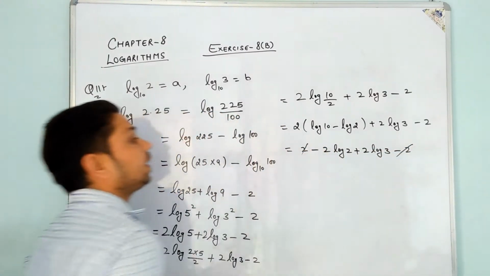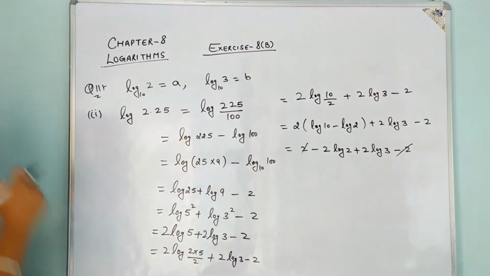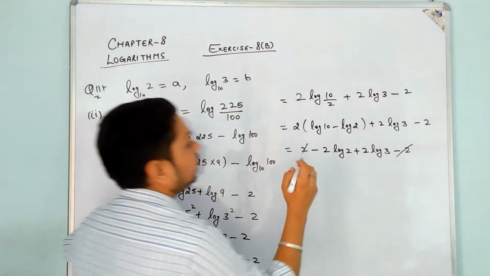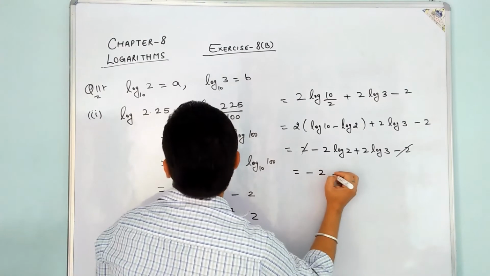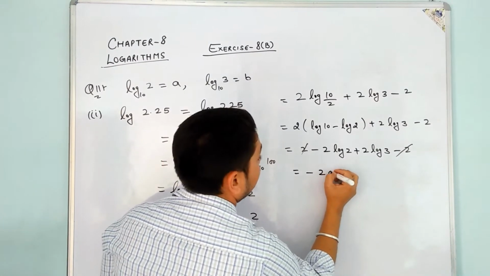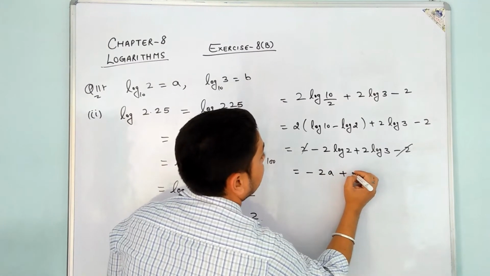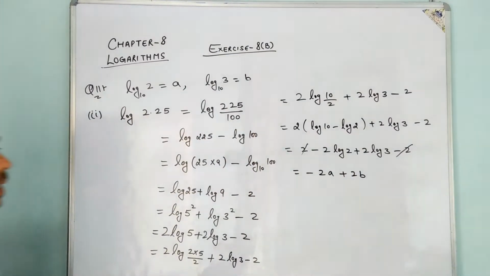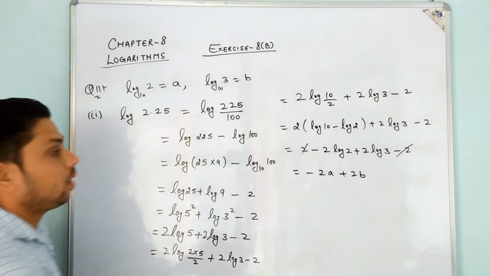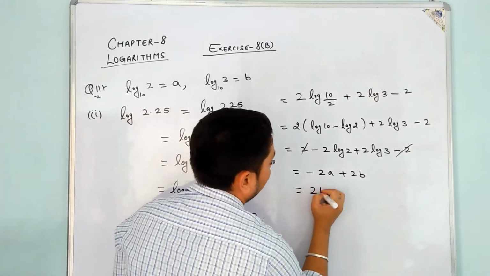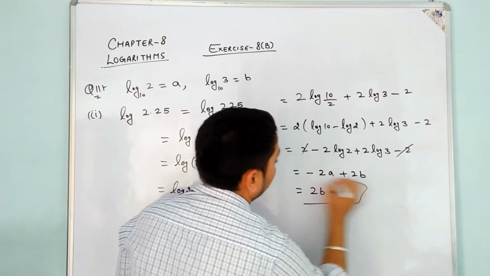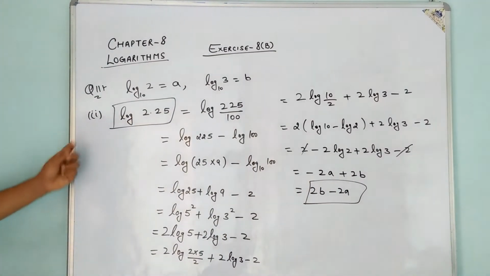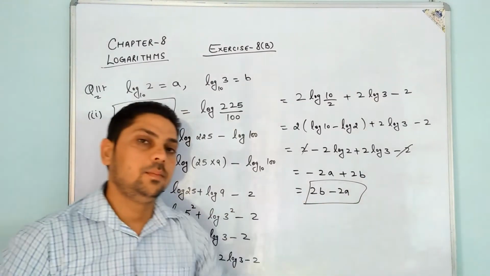This 2 will get cancelled; positive and negative cancel. Now substitute the values of a and b, log 2 and log 3. This gives minus 2a plus 2b, or we can write it as 2b minus 2a.